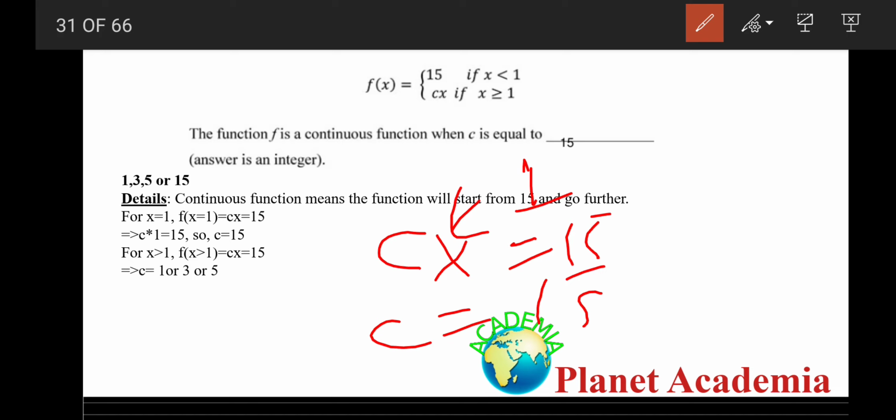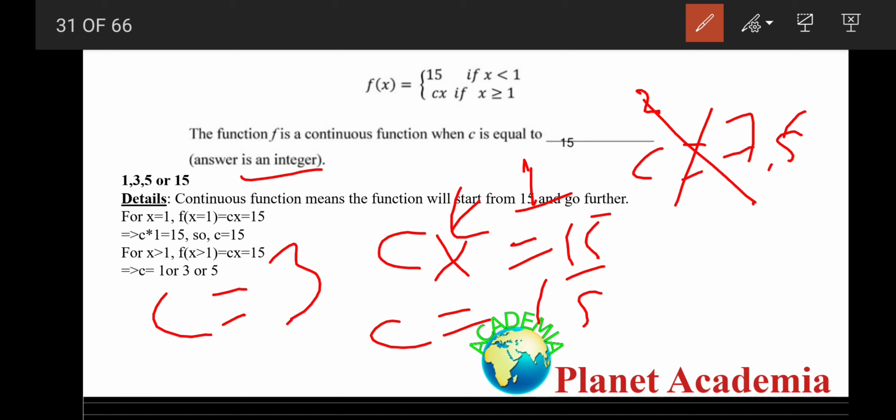If x is 3, then c equals 5. If x is 5, then c equals 3.